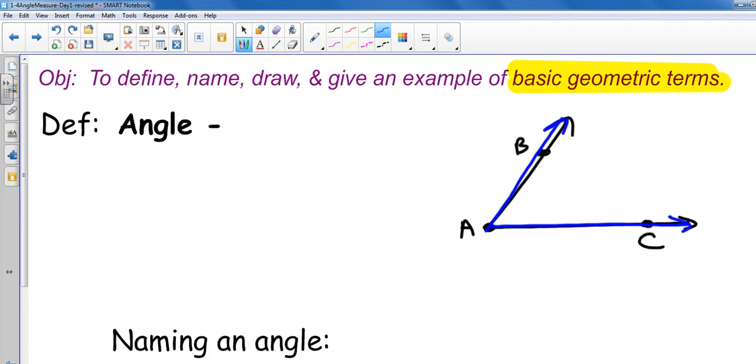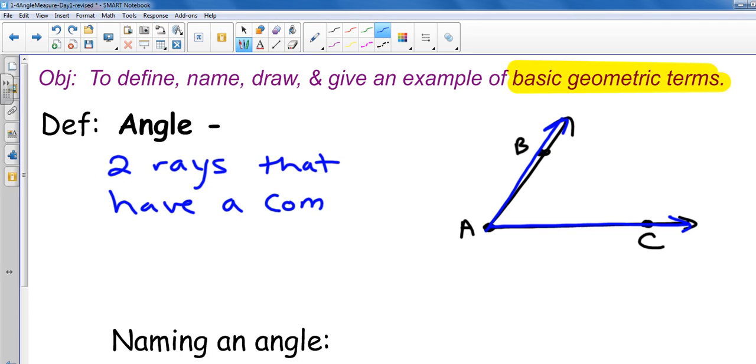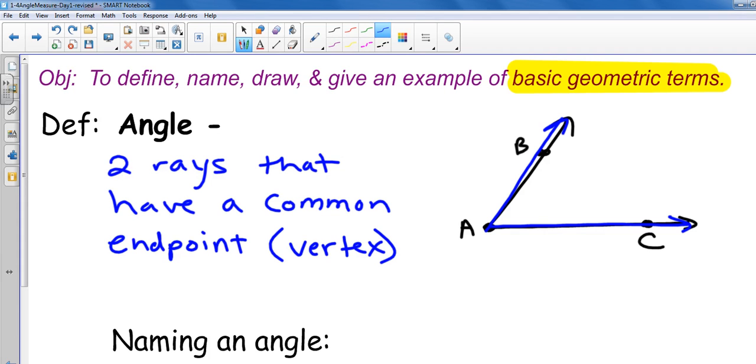So hopefully you're seeing that an angle is really just two rays that have a common endpoint, and we're going to call that the vertex point, another word that you've heard of. So our vertex in this case is A.